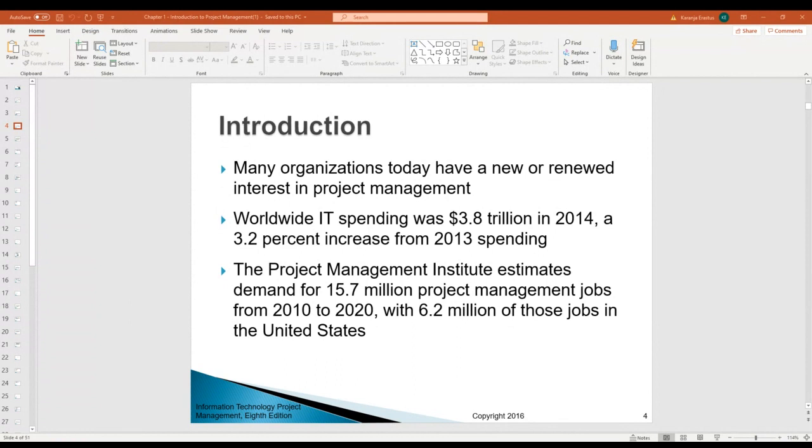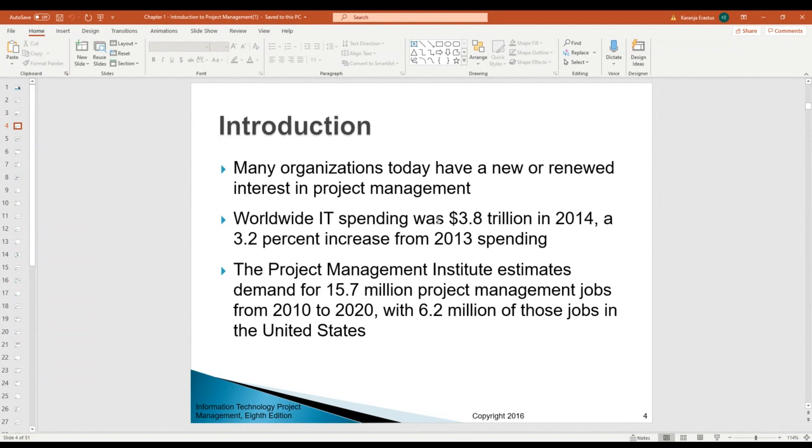So we have a lot of interest in trying to find the vaccine. Now, this is a little bit outdated because it talks about 2014, but the spending is also very high, and this is only for IT. If you think about how much money is being spent on trying to find the cure for COVID, different countries in the world have their employees working on it.